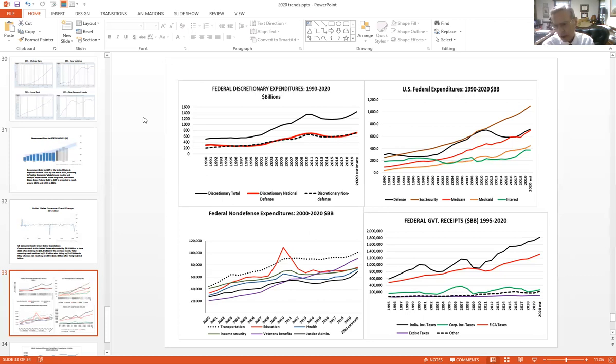The green line is corporate income taxes. And way down at the bottom are excise taxes. But you and I are paying the bulk of the government's bills that the government doesn't pay for by printing money.